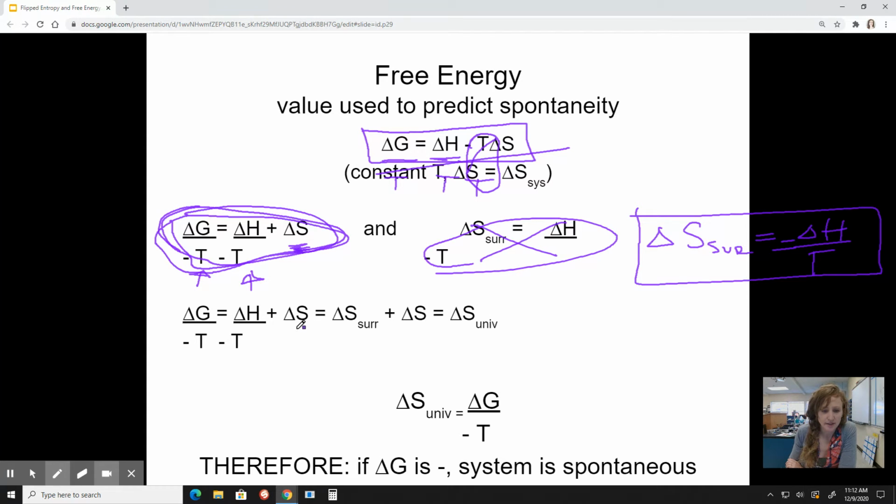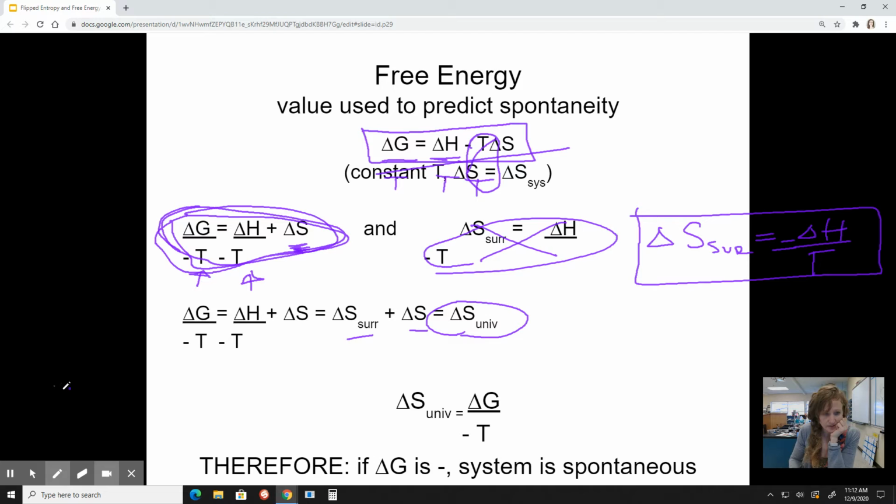We know that delta S of the system plus surroundings is equal to delta S of the universe.